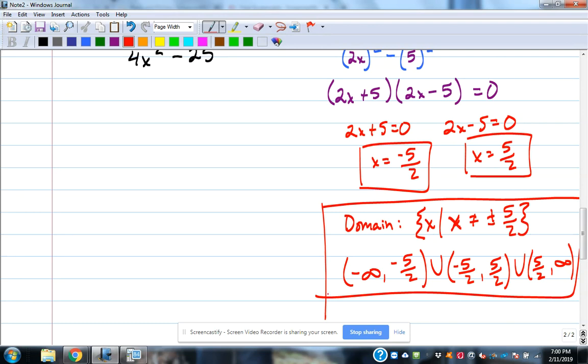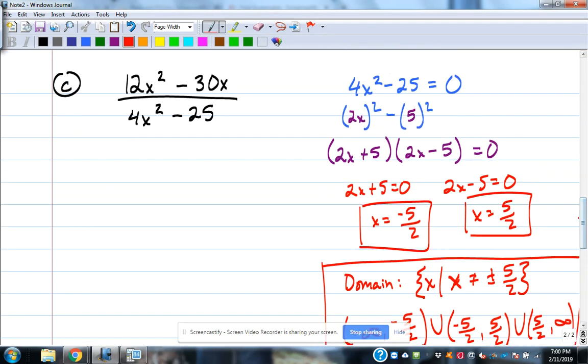We've already got the factored form of the denominator. So when I go to simplify, I know that it's 2x plus 5 and 2x minus 5 on the bottom. What do I do to the numerator to factor it? You mean GCF? Yeah.